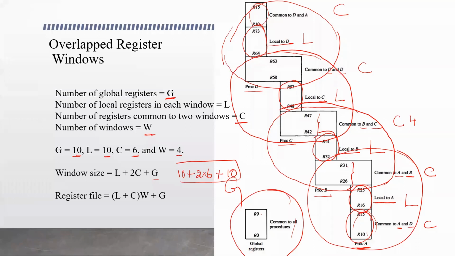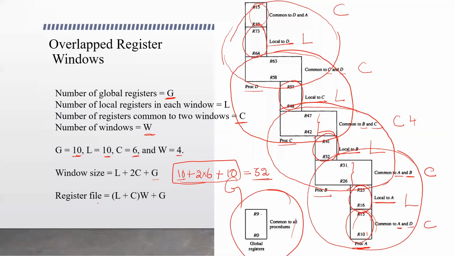So this gives 12, 12 plus 20 is 32. The total number of registers available for each procedure is 32. That we call the window size, the number of registers available for each procedure.